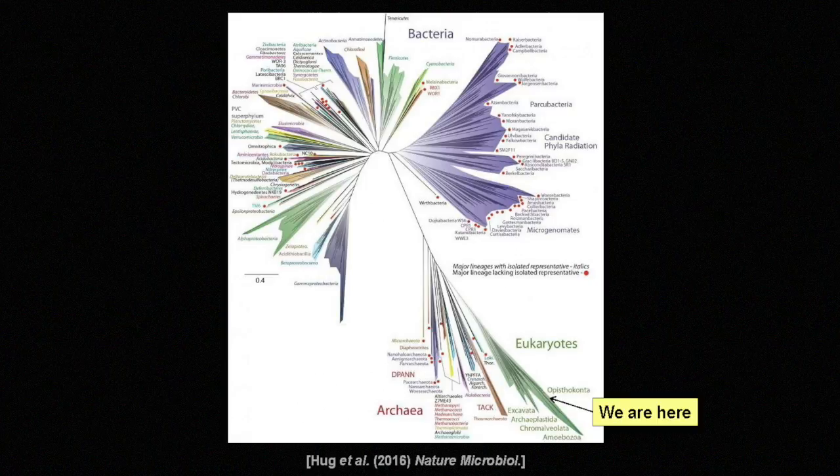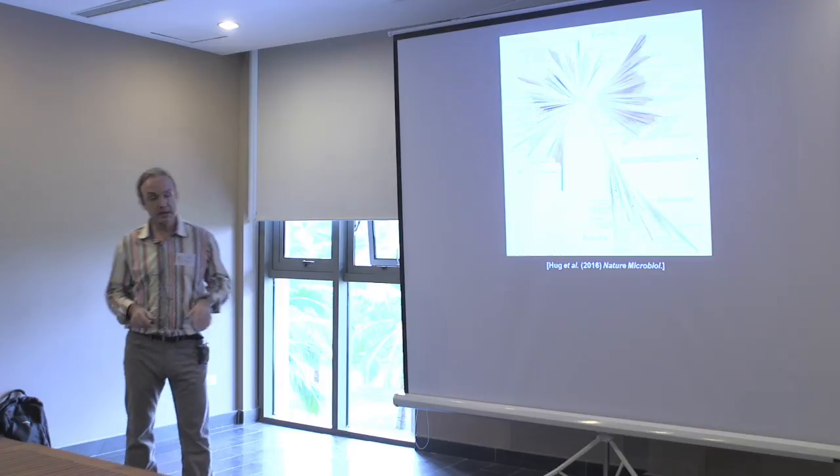These are archaea, and these are eukaryotes. Part of the eukaryotes are unicellular also, so almost 85% of life on Earth is unicellular. So this is the planet of microorganisms, okay?